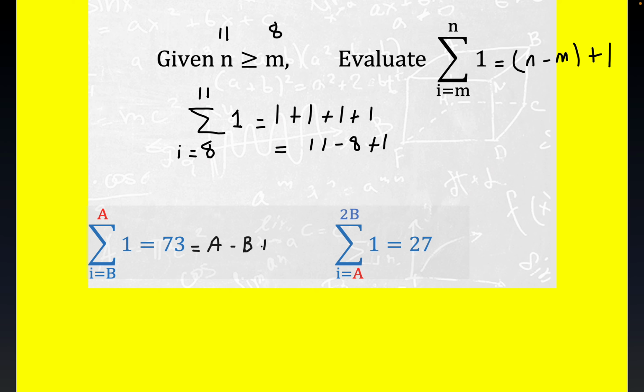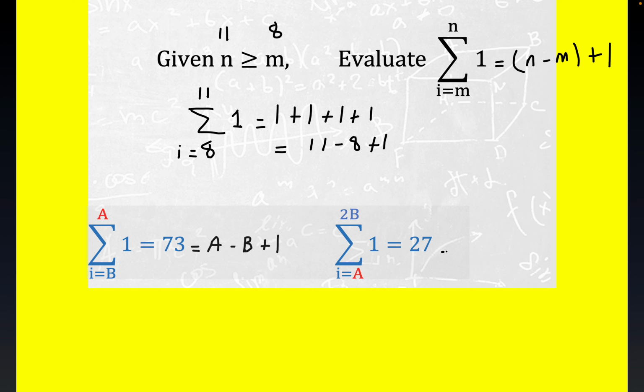I'm just appealing to this result that we informally proved. a is the top limit, b is the bottom limit, so a minus b plus 1 is equal to 73. We'll get two equations, two unknowns. It'll be a standard problem at that point.